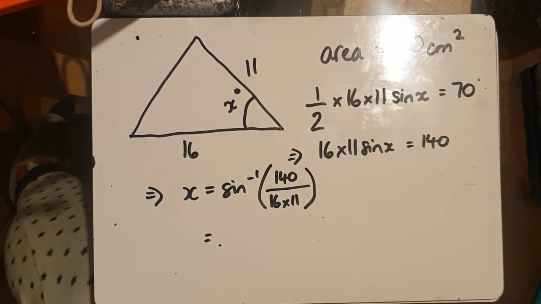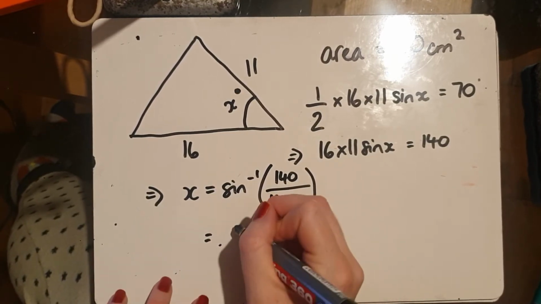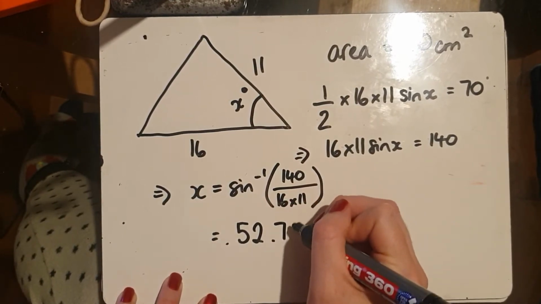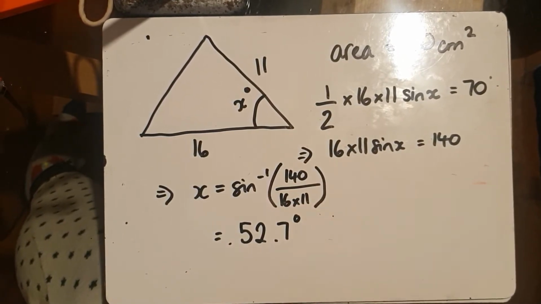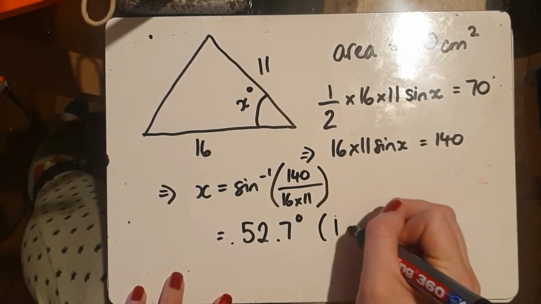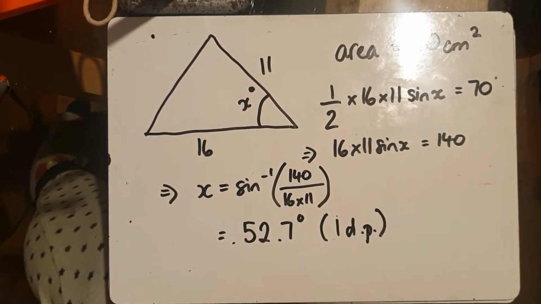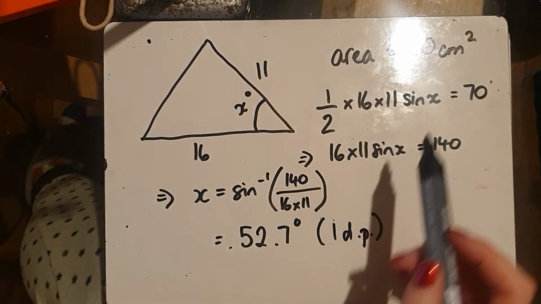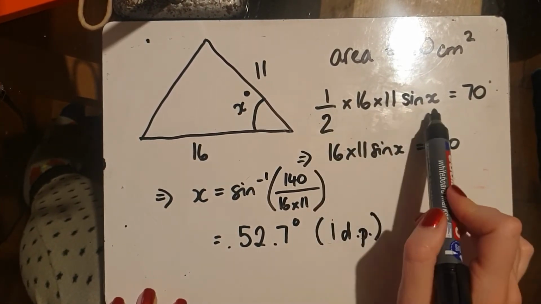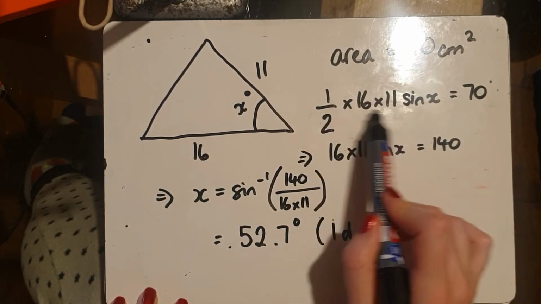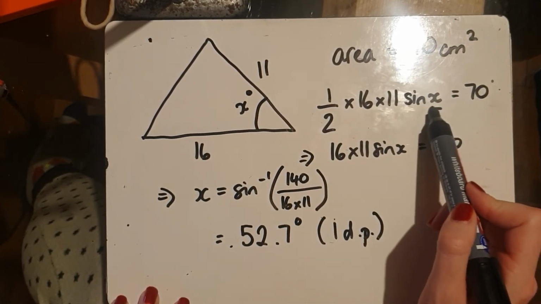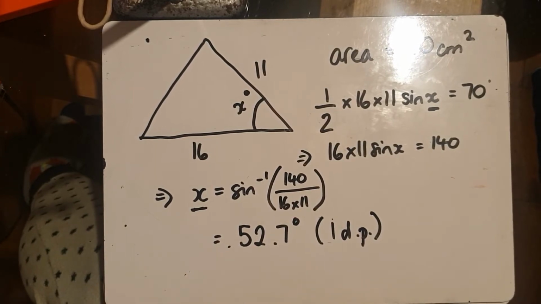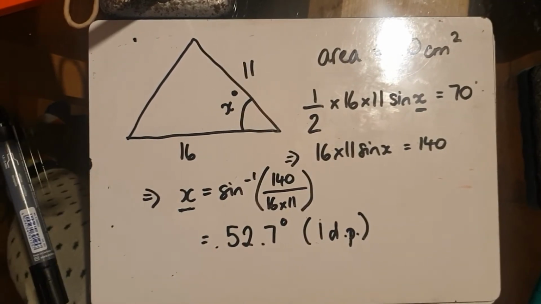And if I put that into the calculator, that should give me that x is equal to 52.7 degrees, because if you look back in the question, it's asked me to do it to 1 decimal place. So all I've done there is use the equation that I know for an area of a triangle, and I've filled in the blanks. The one I'm trying to find is x, so I have to rearrange at the end to get x equals something else.